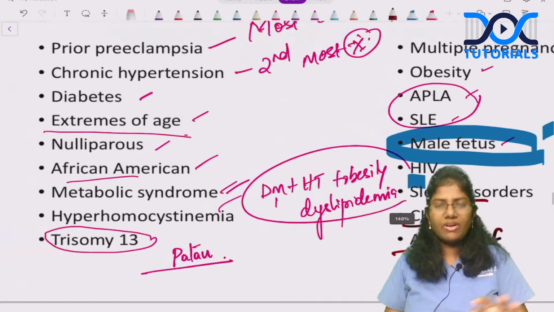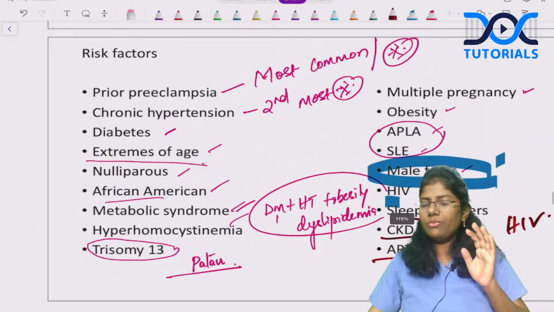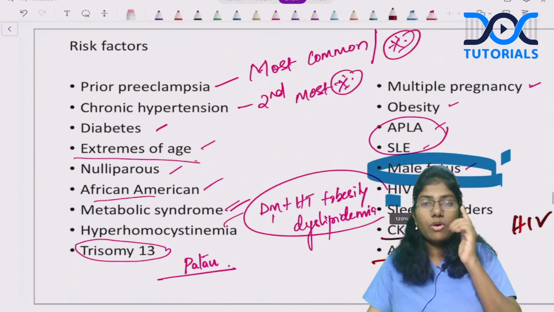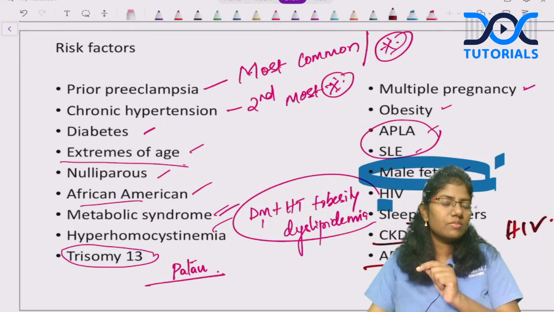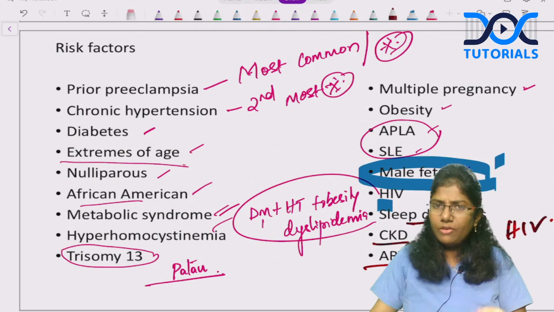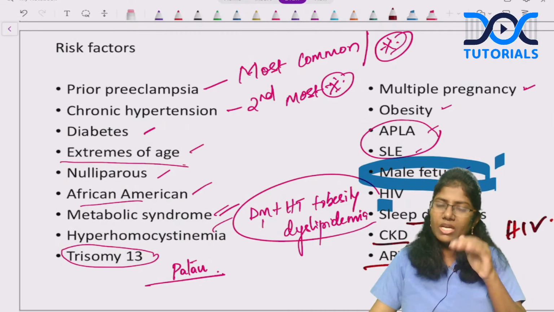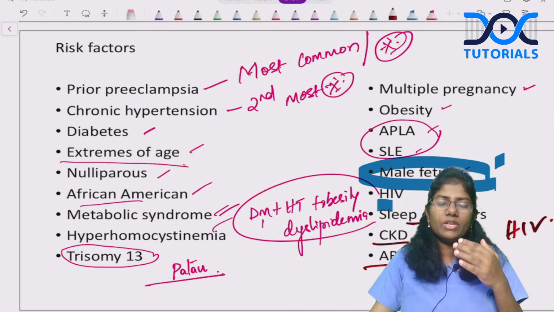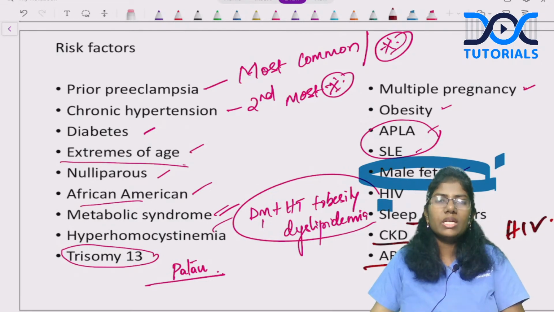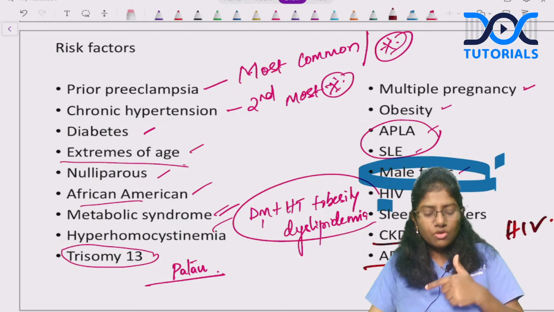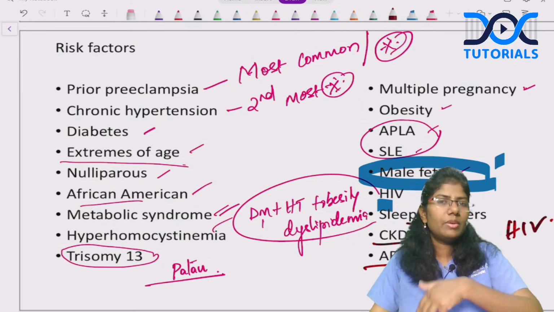Now, out of these risk factors, MCQ points: the most commonly asked one, and you all know, is prior preeclampsia as the most important risk factor. Not only for preeclampsia, for ectopic also. Past history of ectopic is the most important risk factor for ectopic pregnancy in the current conception. Then comes chronic hypertension, then diabetes and other factors.